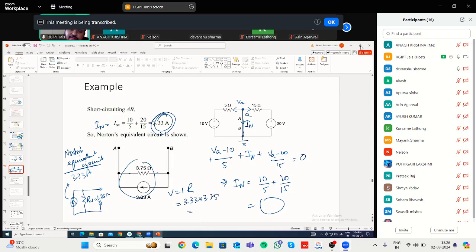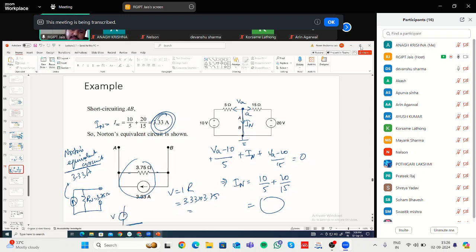You will find out the value of V. That value of V, plus minus, and in series the resistance will be 3.75 ohm, and then these will be the terminals A and B. So using source transformation, you can find the Thevenin's equivalent circuit from Norton's, and Norton's from Thevenin's.